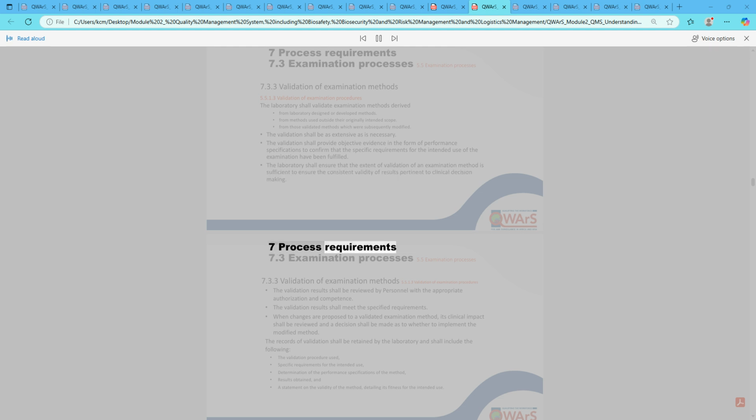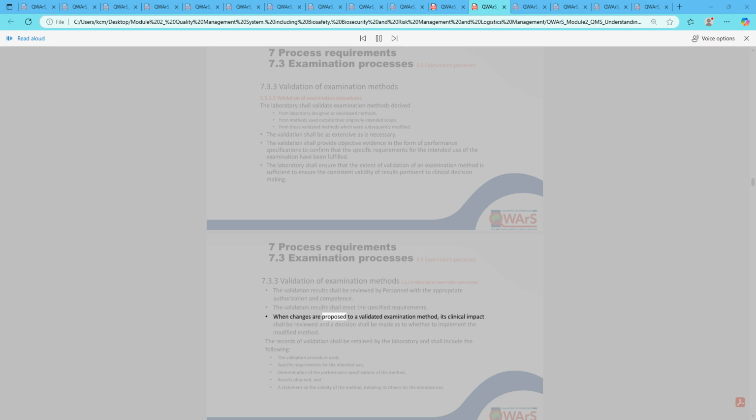7 Process requirements, 7.3 Examination processes, 5.5 Examination processes. 7.3.3 Validation of examination methods, 5.5.1.3 Validation of examination procedures. The validation results shall be reviewed by personnel with the appropriate authorization and competence. The validation results shall meet the specified requirements.